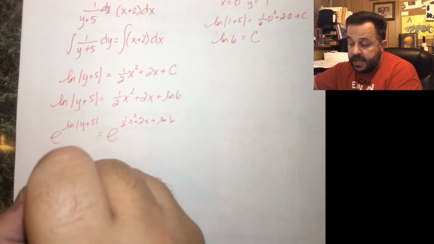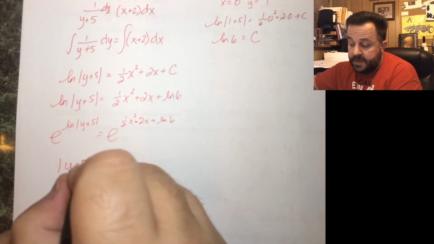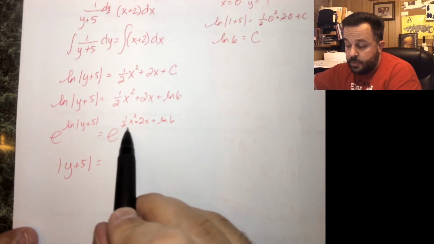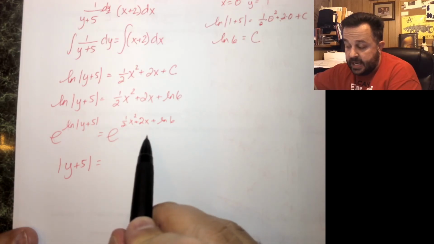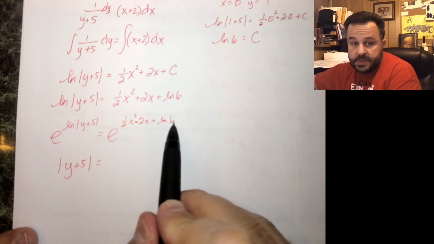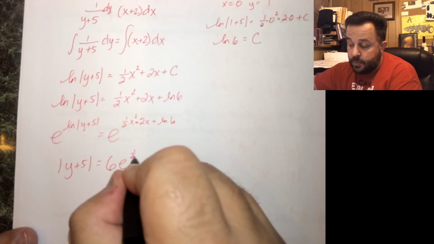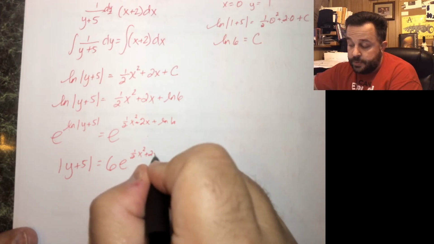On the left-hand side, I get the absolute value of y plus 5 equals, I'm going to jump a quick step here, e to all of this times e to the ln of 6. e to the ln of 6 is just 6. So I end up with 6 times e to the 1/2 x squared plus 2x.